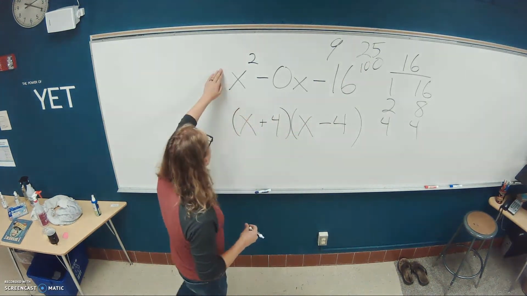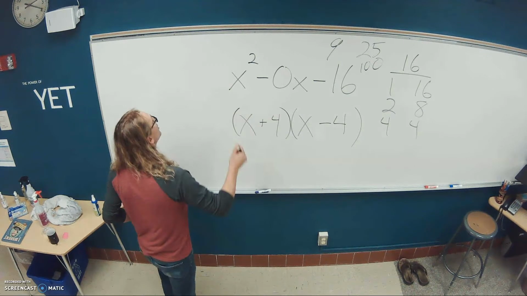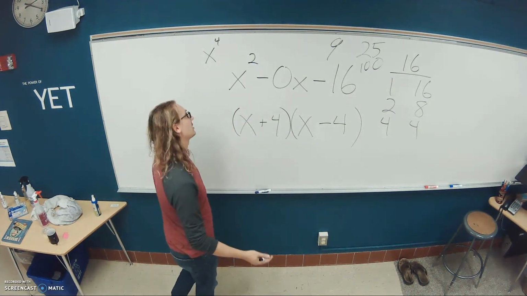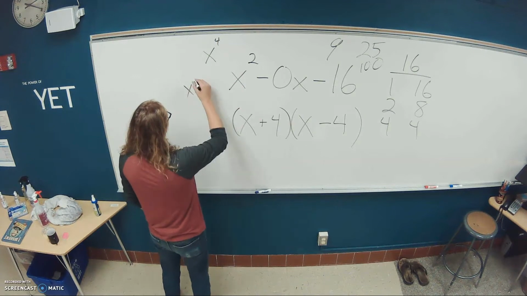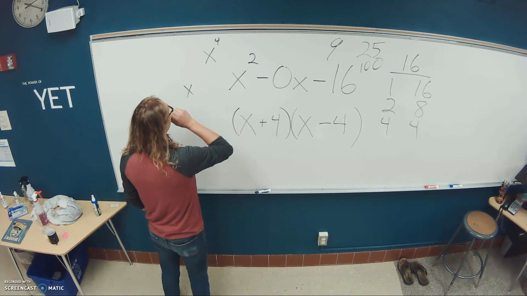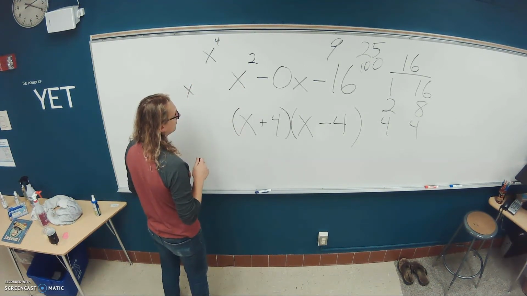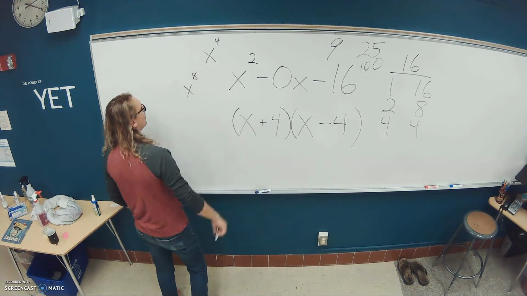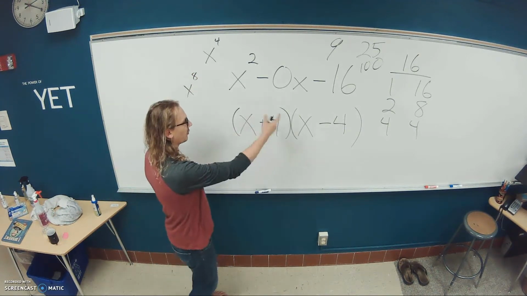Okay? x squared. We can also have an x to the 4th, because then it would just be x squared times x squared. Actually, just about any even exponent is going to work here, because it'll just be x to the 4th, x to the 4th.